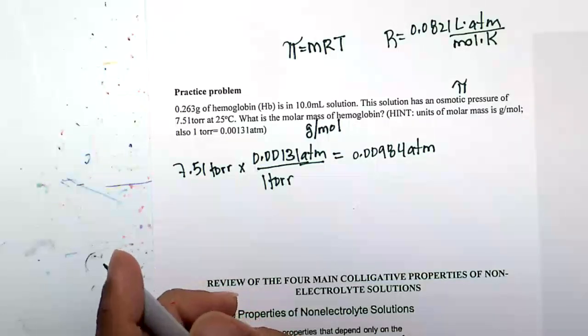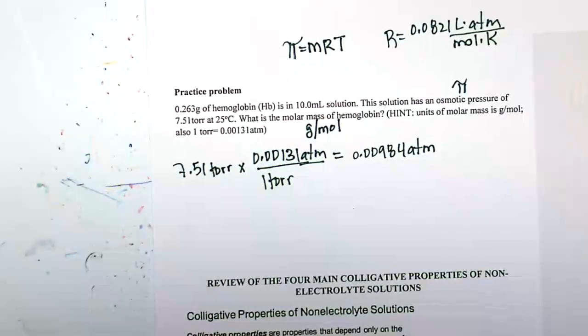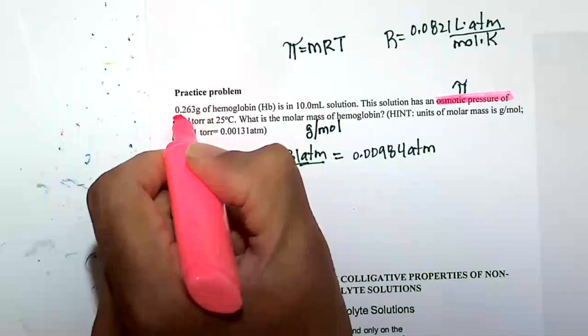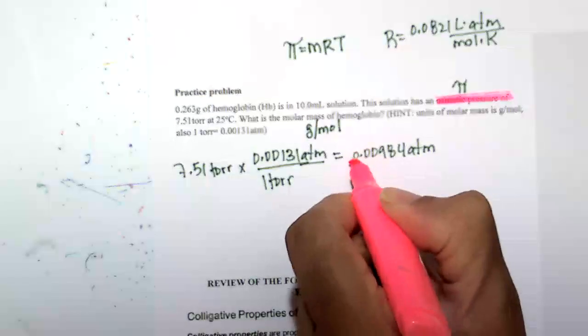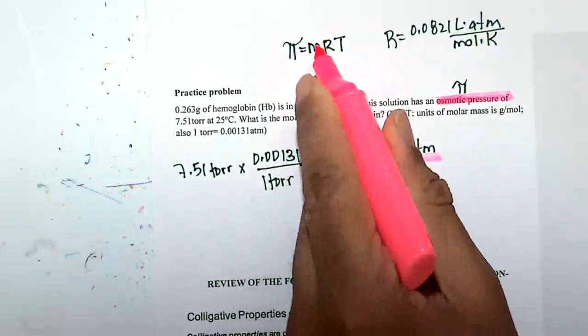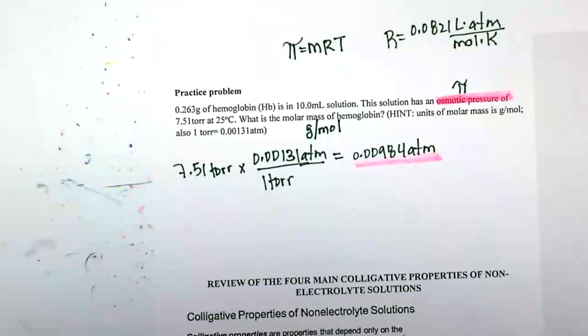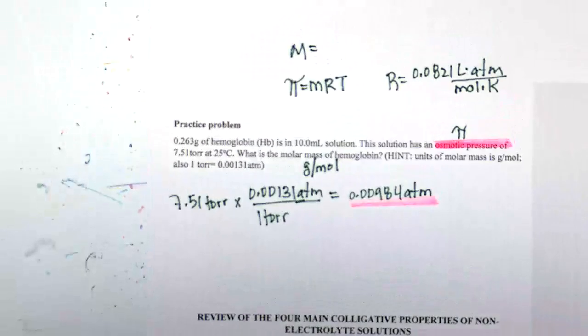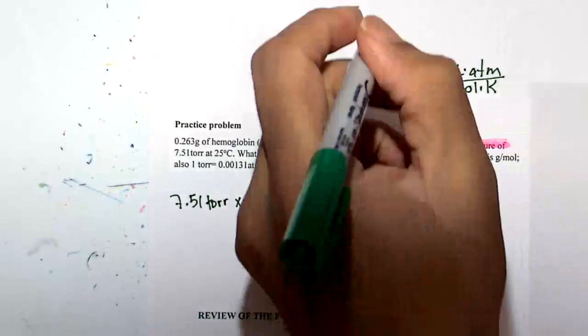All right, so we have pi here, our osmotic pressure. We have R, we have T, and what is M here? I don't think I mentioned M. M is molarity, and what are the units of molarity?